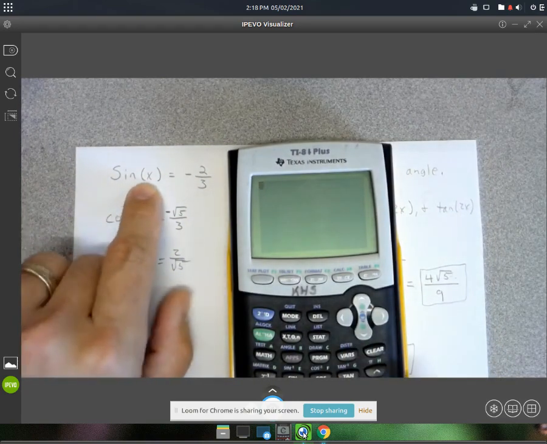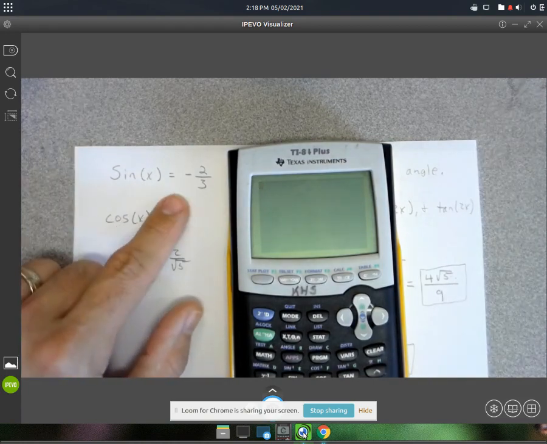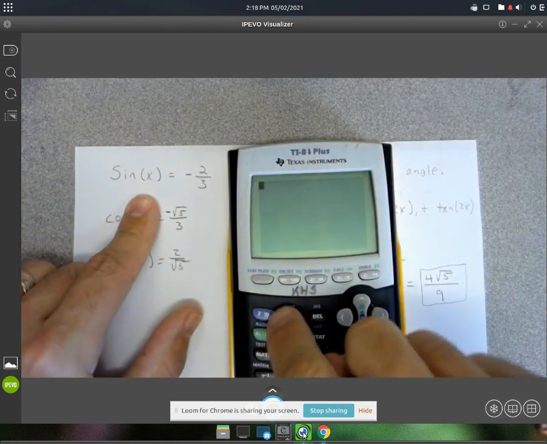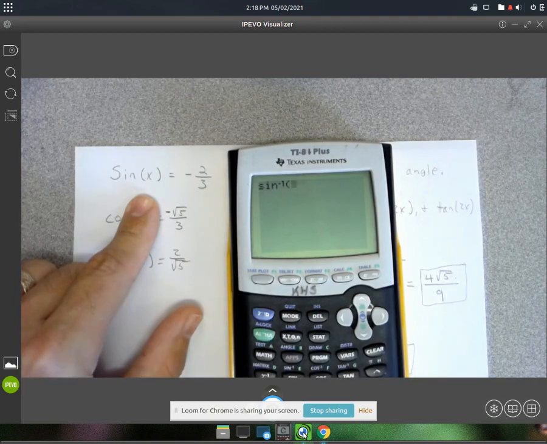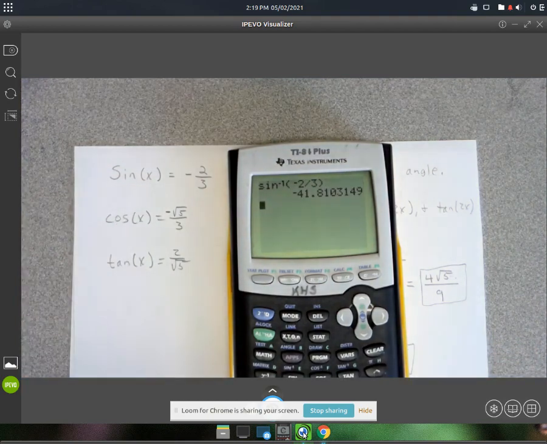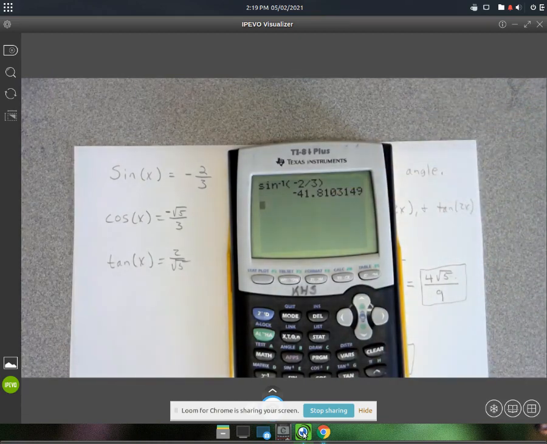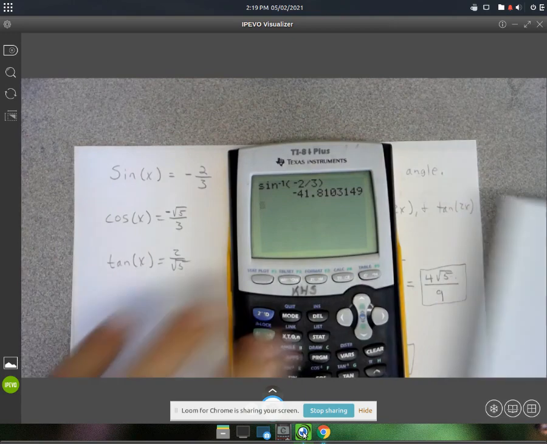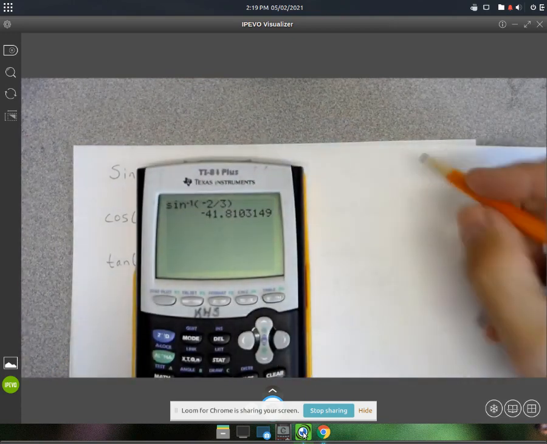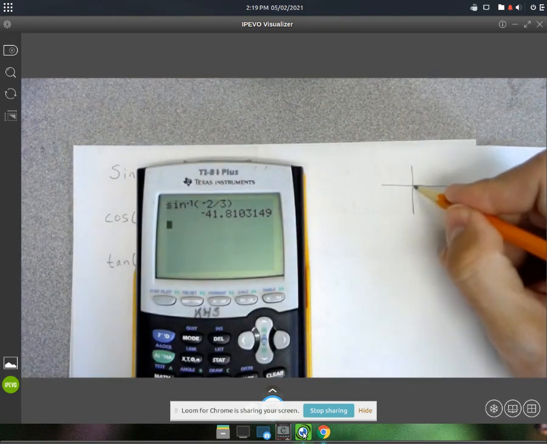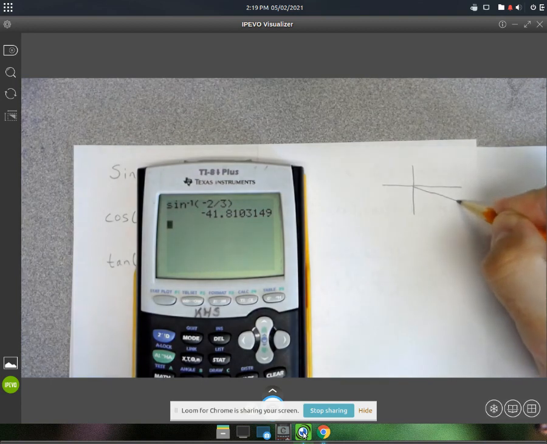So what I can do here is use my arc sine formula. So inverse sine of negative 2/3. Now the calculator tells me negative 41.81. But the problem with that is that it is a quadrant 4 angle. So this is negative 41.81 right here. I'm wanting it to be a quadrant 3 angle.